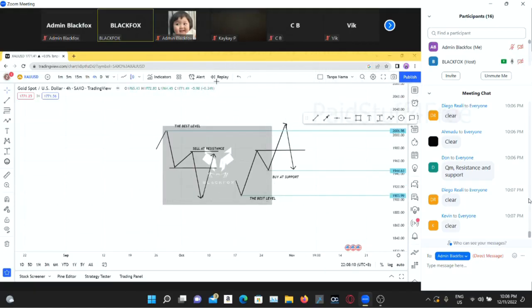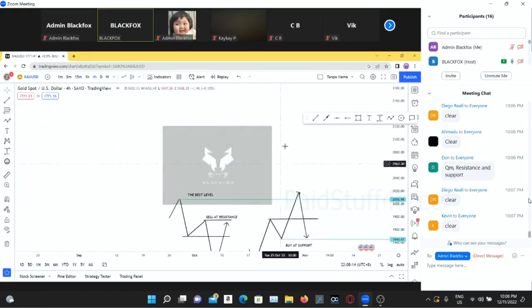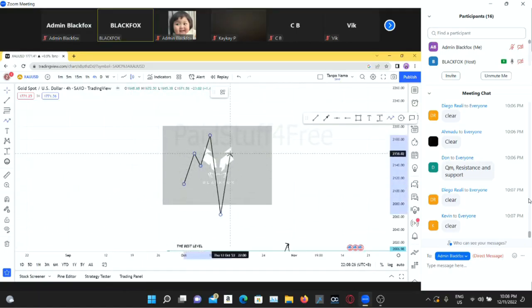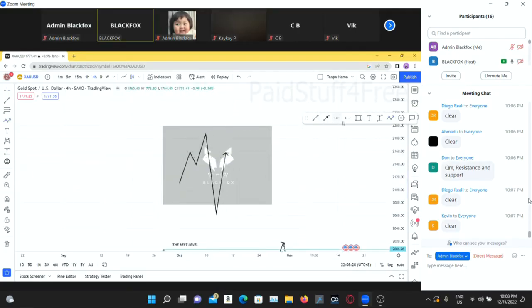QM resistance and support. Yeah, QM also I use. Okay, wait. I will explain to you about QM. QM also has two styles. Okay, this one QM, right? I put QM here.